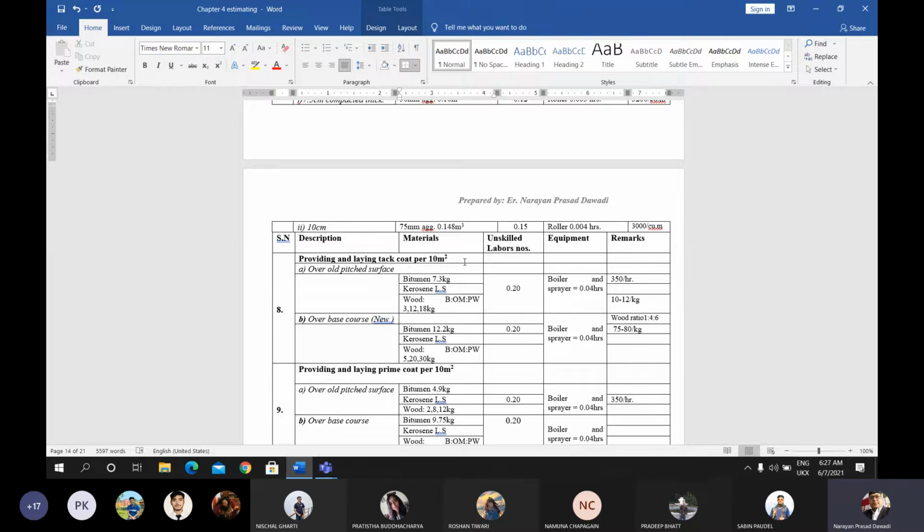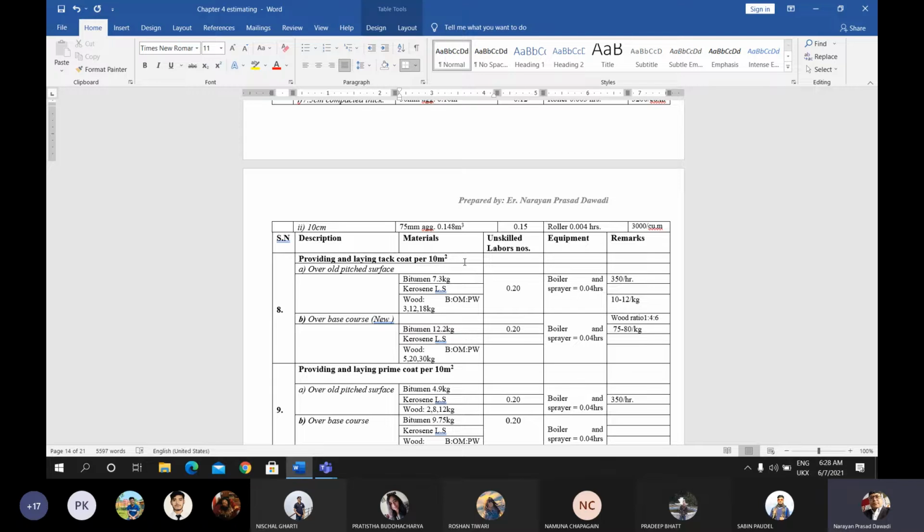So for providing and laying tack coat, we need the bitumen, and we need the kerosene for burning wood for boiling purposes. Wood is required for the heating of the boiler, the boiling of the bitumen at the open mass work, and the boiling of bitumen at the patchwork.